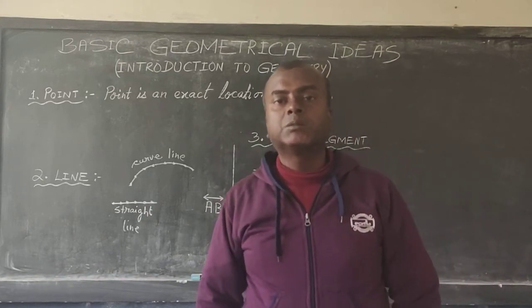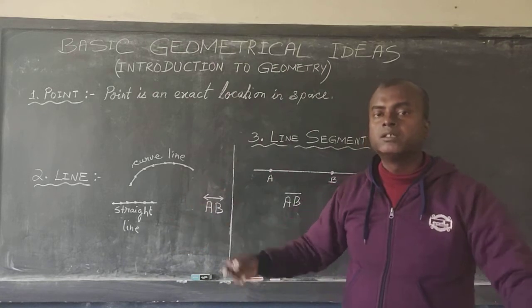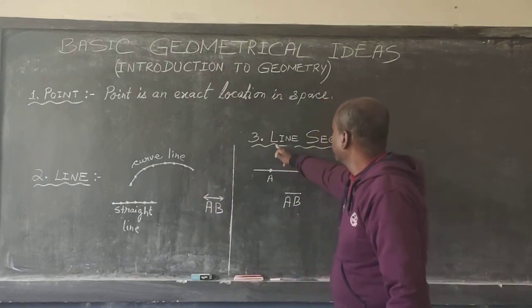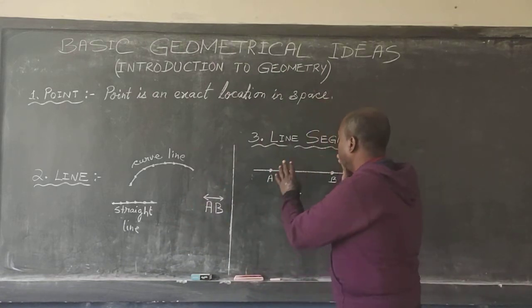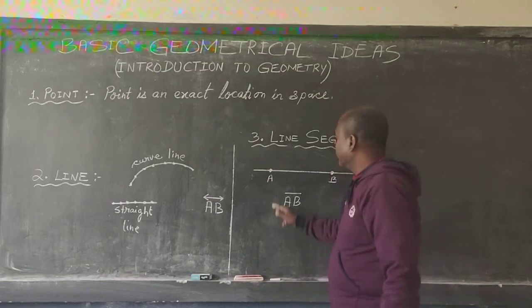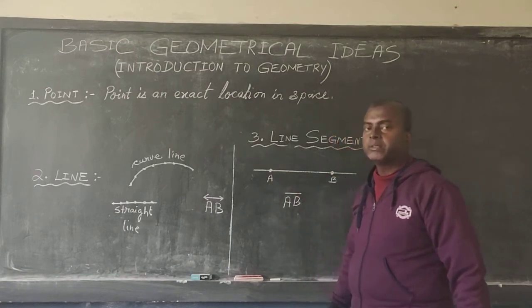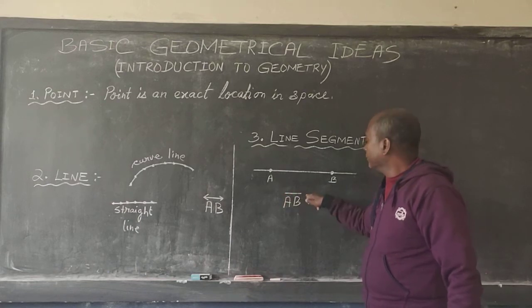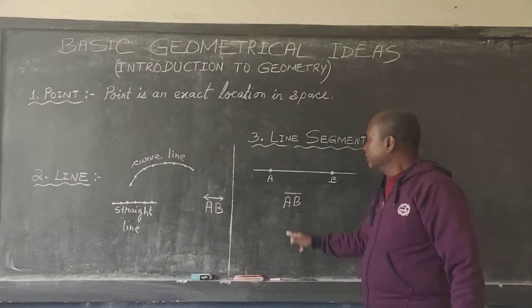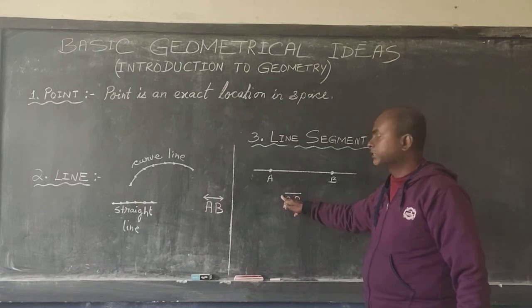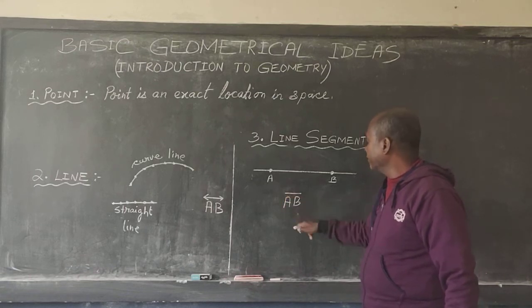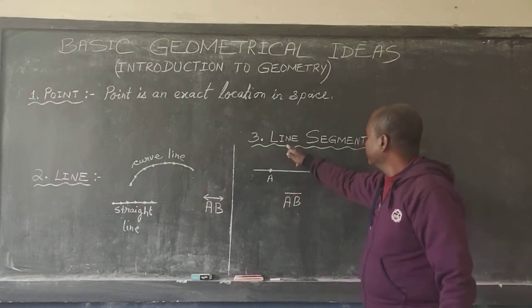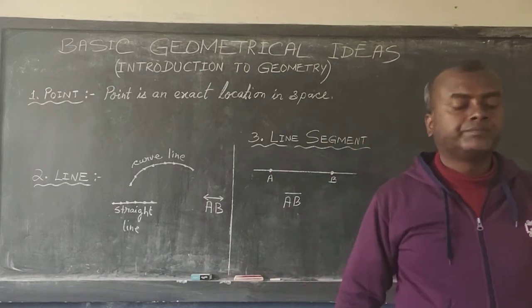Segment means a small part of a bigger part. So from this bigger part, the line, a small or definite part that you take is called a line segment. Okay, and no arrows when you denote it by notation. You don't show any arrows. That means A is the starting point, B is the ending point of this particular line segment.